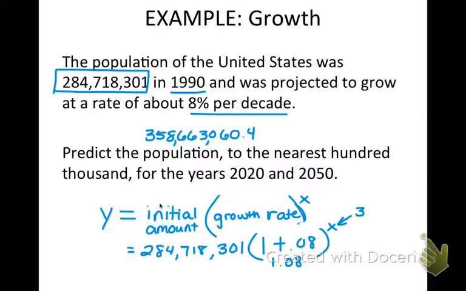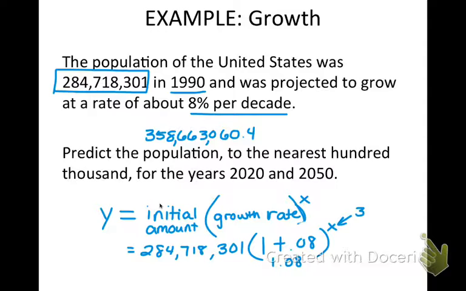2050 would give us x to be what? 5, because I have to go 2 more decades, right? No, 3. 2020 to 2030, 30 to 40, 40, so it'd be 6, right? So what does that number go to? And what's nice on these calculators, if you hit second and the enter button, it brings back your previous entry, and then you can just change that 3 exponent to a 6.